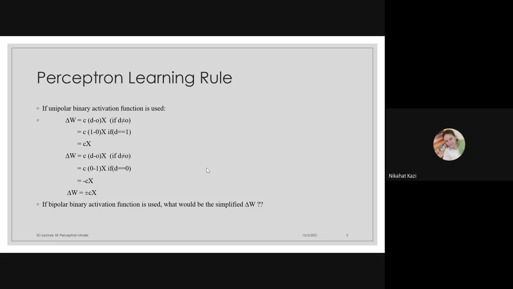Now, if we use the bipolar binary activation, can you quickly tell me what will be the value of delta W? Using this similar logic, what will be the value of delta W? The bipolar binary activation function output is plus 1 or minus 1.